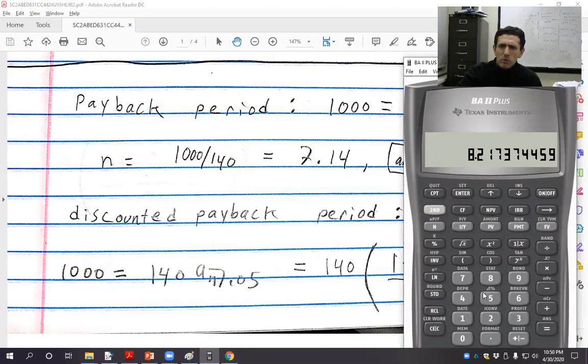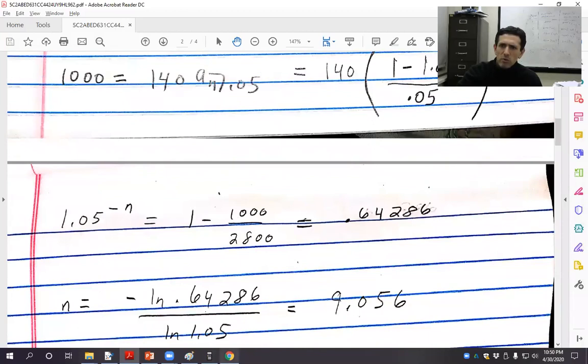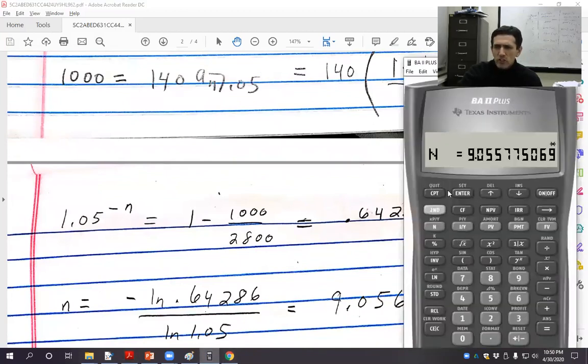Let's try that one more time. 1,000 present value, 140 payment, 5 interest. Compute. I don't know what I did wrong. Anyway, so right, you get the right answer, 9.056.